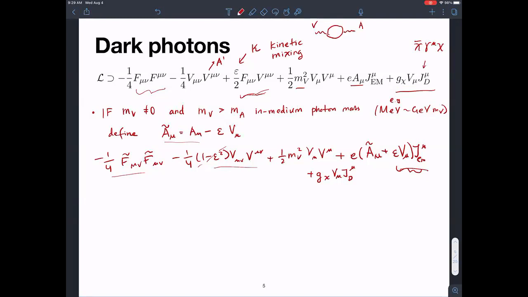The reason I'm doing it this way is because there's no photon mass term effectively. If I were to do this rotation on V, then I would actually induce some additional mass terms for the photon. Yeah, so whichever one is lighter, that tells you you should rotate that one, basically.